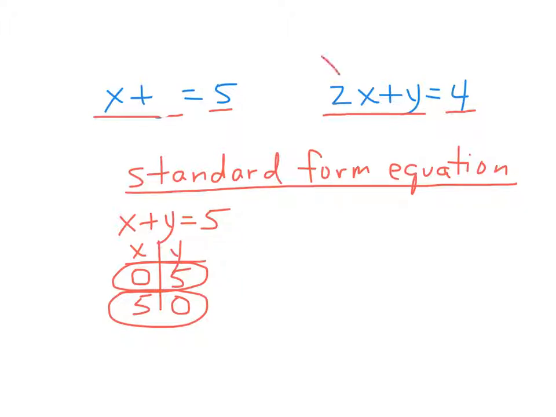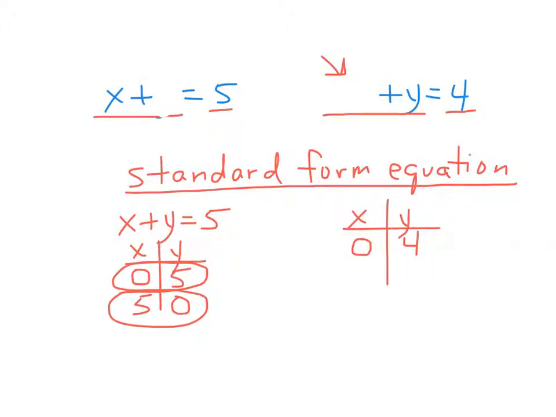When I do 2x plus y is equal to 4, I would do the same thing. I'd set up a t-chart, x and y, and I would let x equal 0. As soon as I let x equal 0, that gets rid of the 2x, because 2 times 0 is 0. I just have an answer now of if x is 0, y is equal to 4.